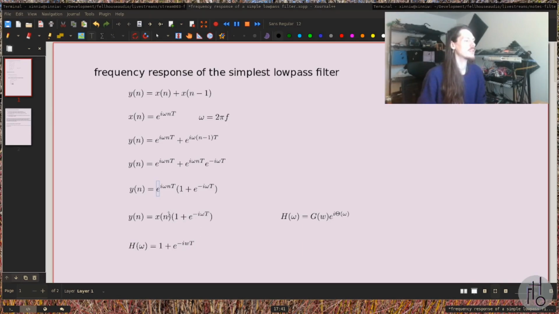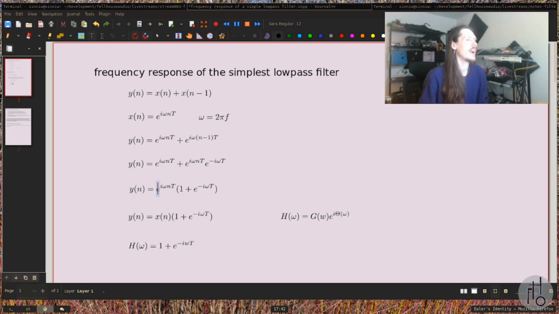So we are altering the gain of the input signal using a function of the frequency. Notice there's no more n in this term, right? When we pulled it out, the n minus 1 gave us a term with the n and a term without the n. So this is the term without the n. It's not dependent on which sample, it's just dependent on the frequency.